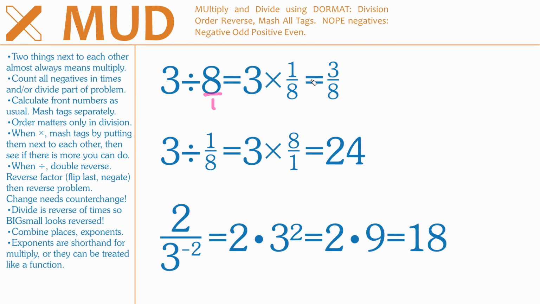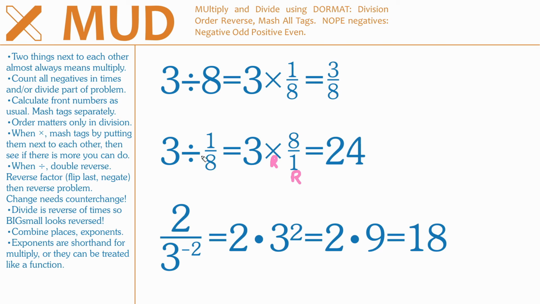So this works. We have a reverse, and that we are allowed to do because we reverse the last part of the division. Same thing going on down here. 3 divided by 1/8 is the same as 3 times, there's a reverse, 8 over 1. There's another reverse. And it's the last part of the division. I don't flip the 3.